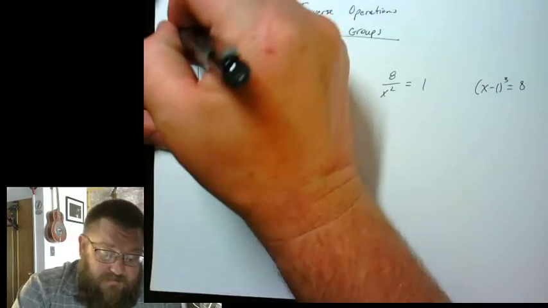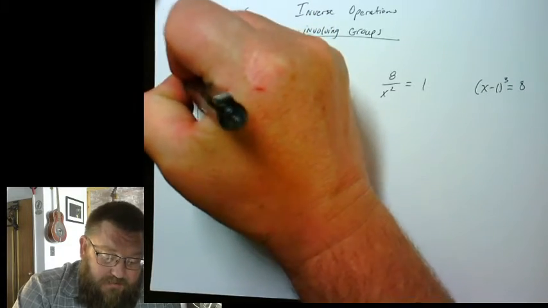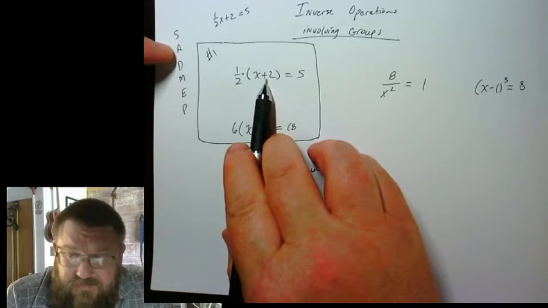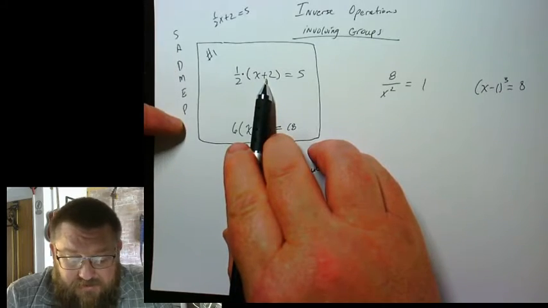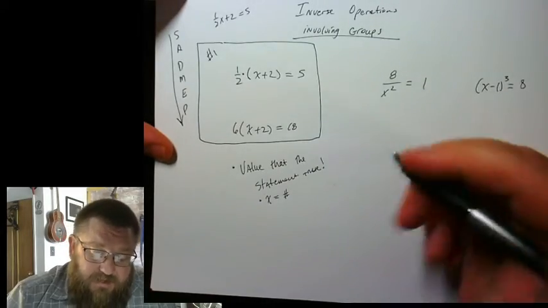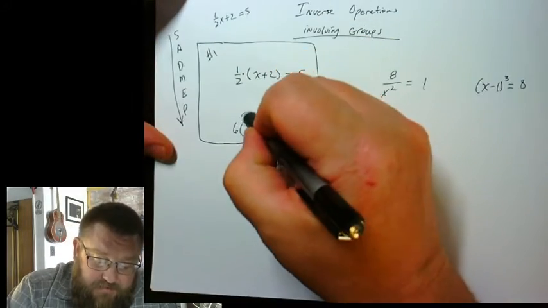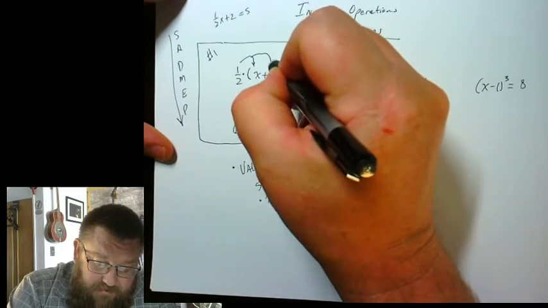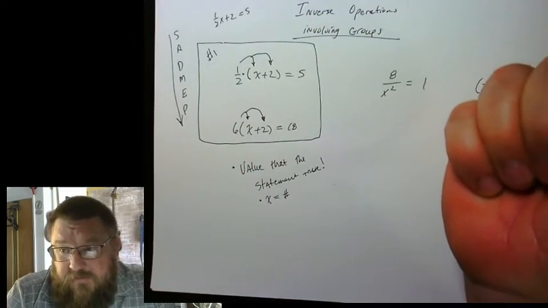You can just use plain old inverse operations. But this plus 2 doesn't go first. It goes last. When you're doing inverse operations, you're going backwards. So what we can do is two options. We could either distribute and multiply that number outside to everything inside, or we can divide.